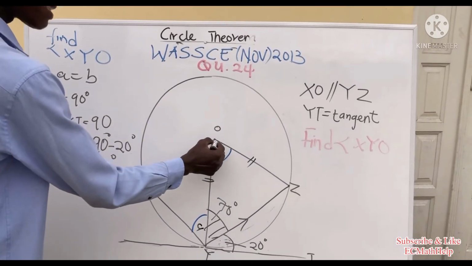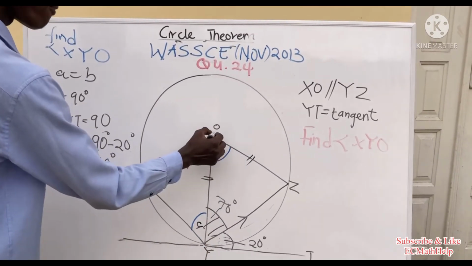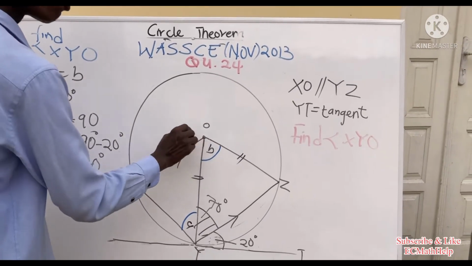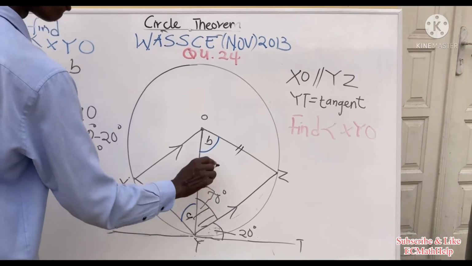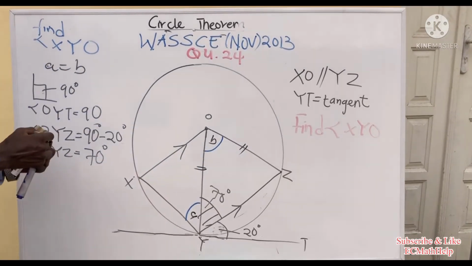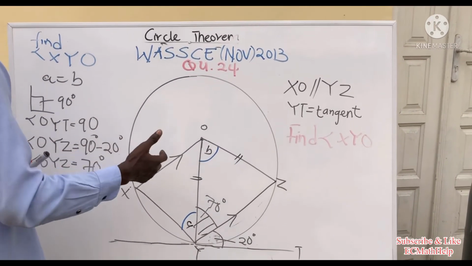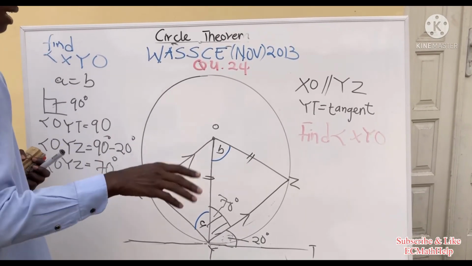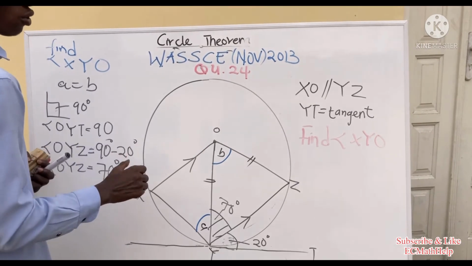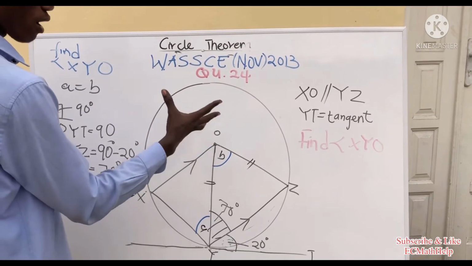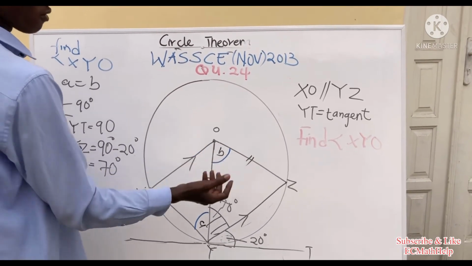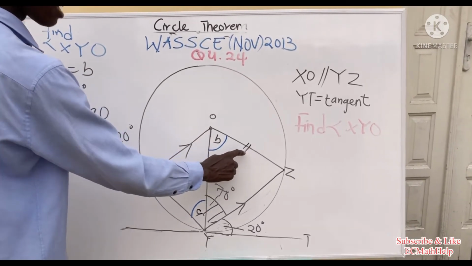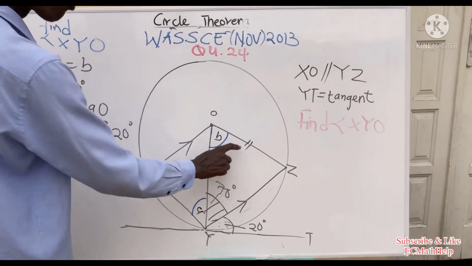Because this line is coming from the center, and every line that moves from the center to any part of the circumference of the circle is a radius. Please kindly go and revise the lessons we have on radius and sectors in the videos in this session to get a firm grip of the basics of circle geometry. So this is a radius, this is a radius. Therefore, this and this are equal.